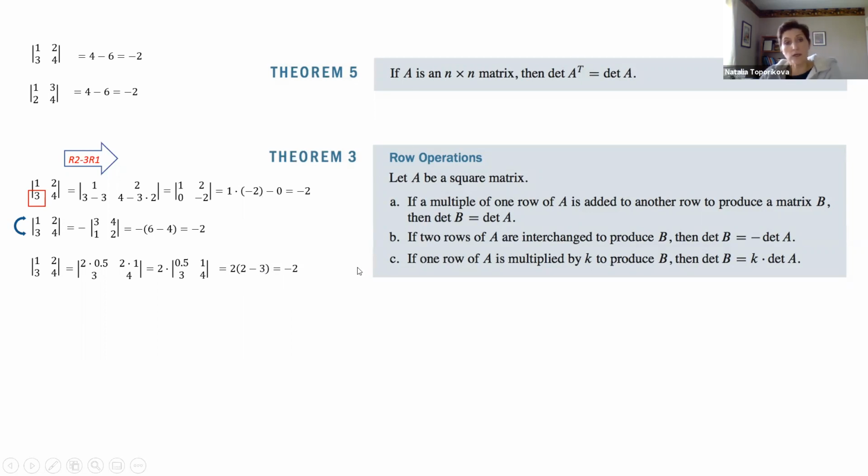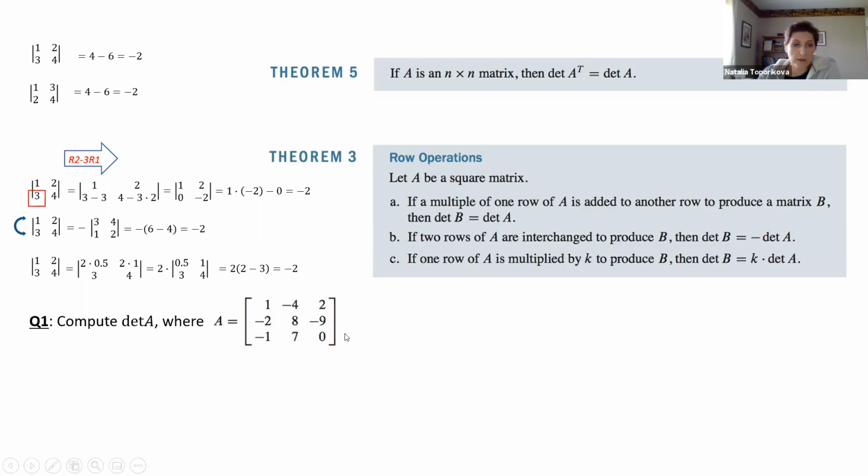So now, if we want to calculate the determinant of any matrix by reducing it to the echelon form, all we have to do is be very careful with these 3 properties and carry out our calculations. Let's do it with this matrix A, which is a 3 by 3 matrix.